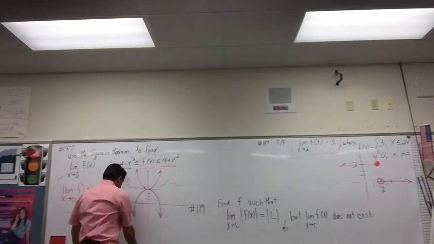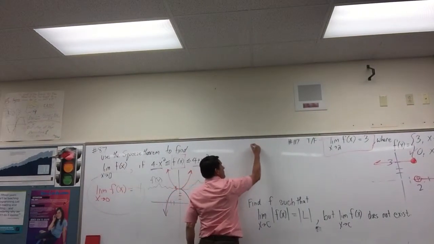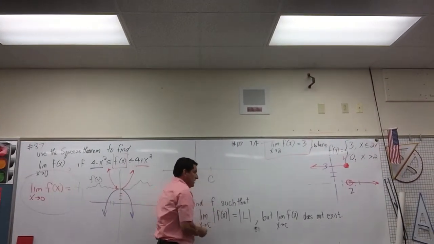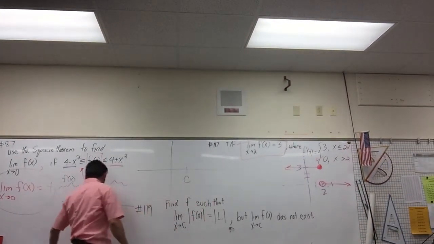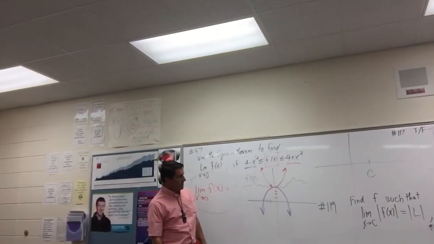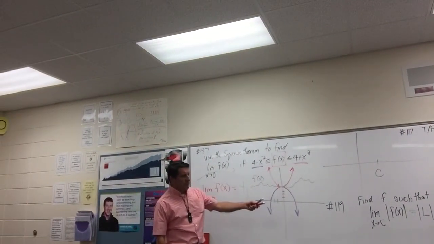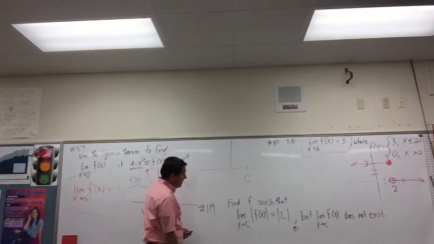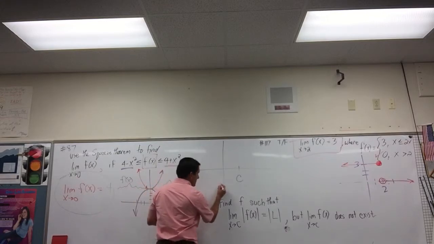How is that possible? So x is approaching some c. I don't know what c is, but it's somewhere there. The absolute value is going to be kind of the clinker here. I'm going to try something.